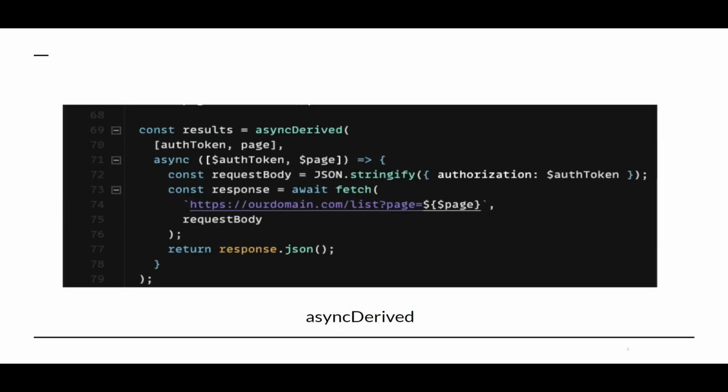An async derived store is useful for when you need to use store values in order to fetch additional async data. It works just like a derived store, but with an asynchronous function to get the final value of the store.